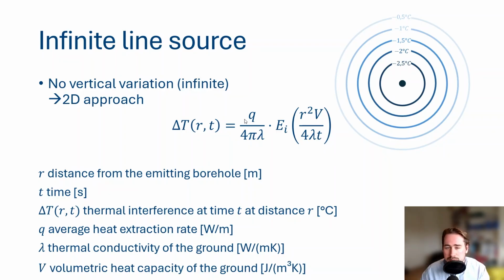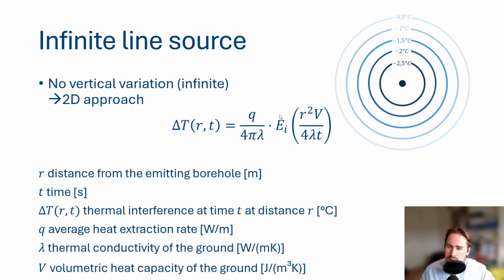And this is equal to the specific heat extraction rate. So if your borehole has 10 watts or 12 watts of heat extraction, that makes a difference in how the ground cools down. Your thermal conductivity as well. The higher the conductivity, the better your ground can cope with this imbalance, because heat can be transferred more easily.